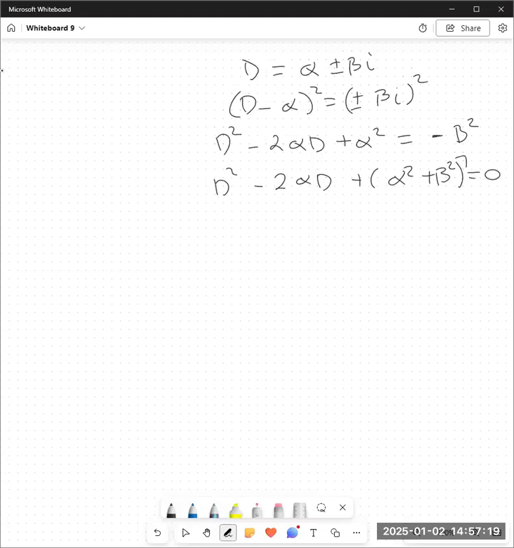This whole thing is my differential operator that's going to eliminate something that is e to the alpha x cosine beta x plus sine beta x, like that.